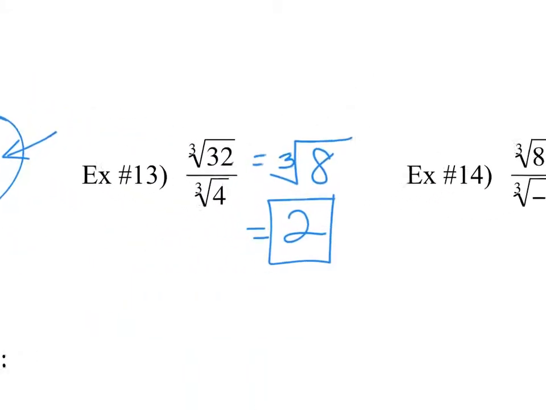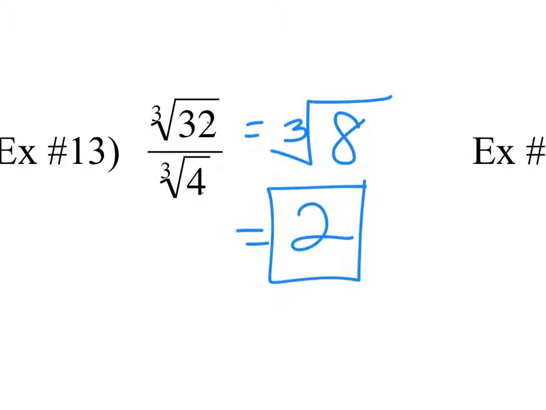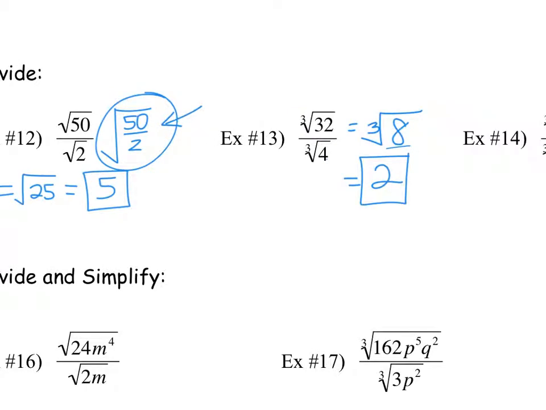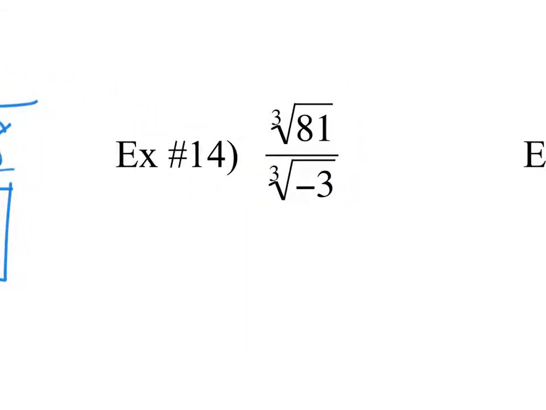So we did 32 divided by 4 is 8, and then the cube root of 8 is 2. What was the answer to 12? Oh, 12 was 5. 5, right? All right, 14. 81 divided by negative 3. Negative 27?